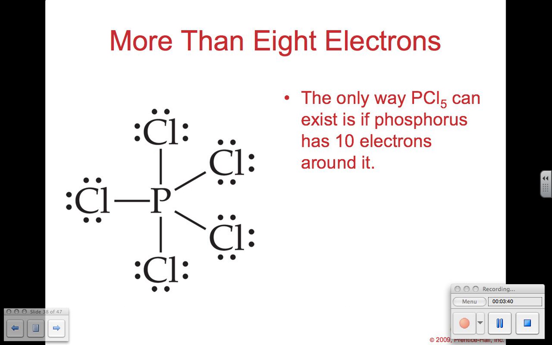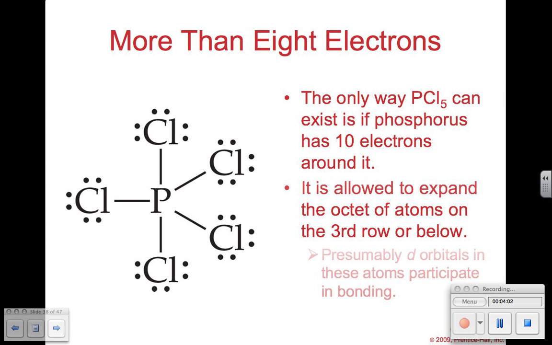Okay, the last type of exception are ones that have more than 8 electrons around them. This is something that I alluded to earlier this week, and it really is only possible for atoms that are in the 3rd energy level or higher, because there's a d orbital where hybridization can occur.